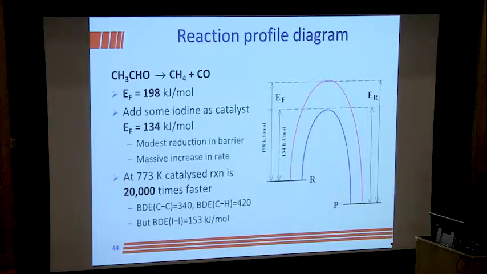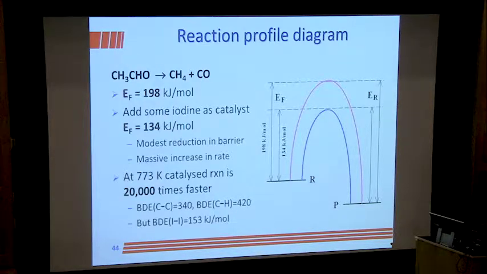So here's a reaction coordinate of a similar type of reaction. Well, this is acetaldehyde, again producing methane and CO. Okay, and the activation energy in the forward direction, we have this magenta reaction coordinate, and the activation energy in the forward direction is 198 kilojoules per mole.